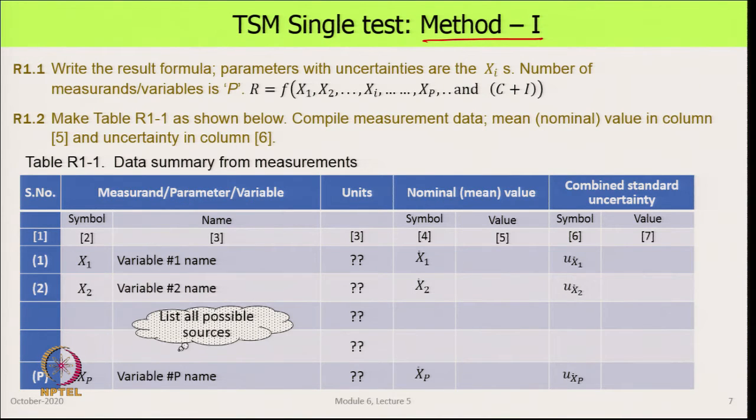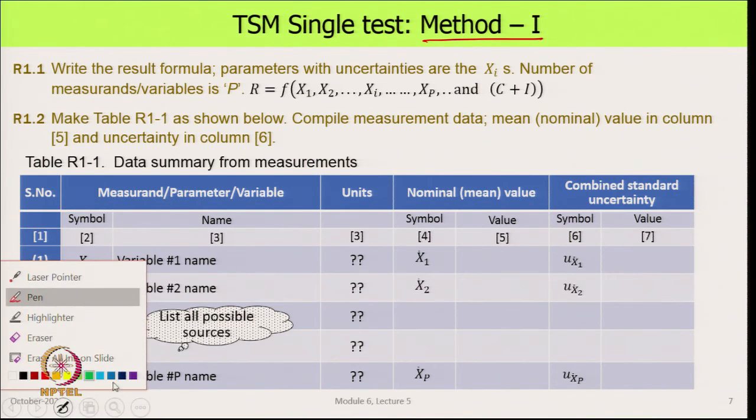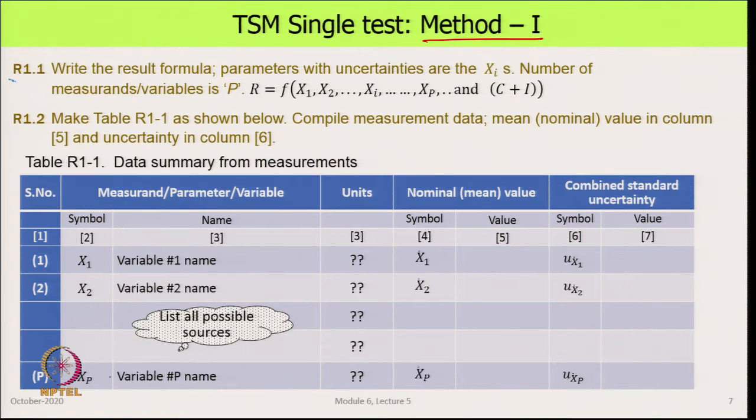Each step has been given a number, and that number you can see here. This is a step in a sequence. R1 tells us this is method number 1 for the result. So, we write the result formula, the parameters with uncertainties, and that is what we have.